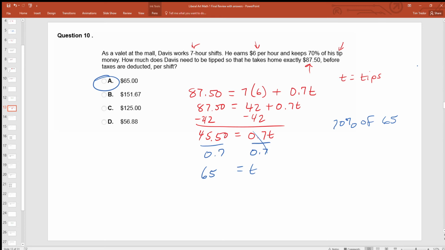If we take 70% of $65, we're going to get $45.50. And then if we add that to what he makes in a shift, 42, we're going to get the 87.5. So you can work this problem backwards and still get the correct answer.